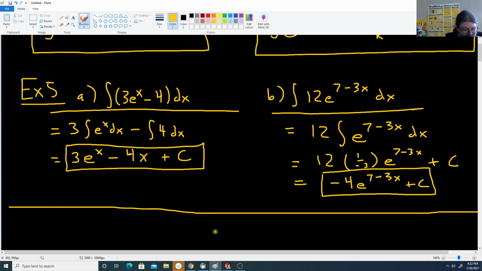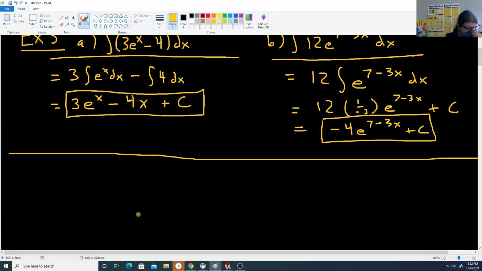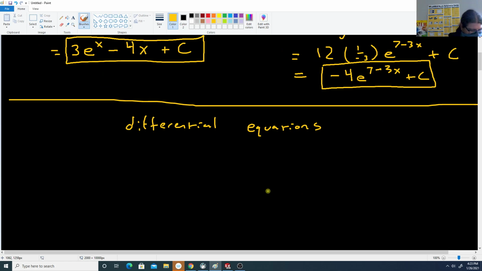Okay, so to wrap up the section, we're going to look at some statements that are called differential equations. These are equations that involve a derivative statement. So we would say something like dy dx equals some expression, like dy dx equals some f of x.